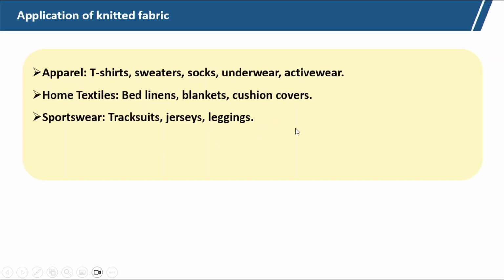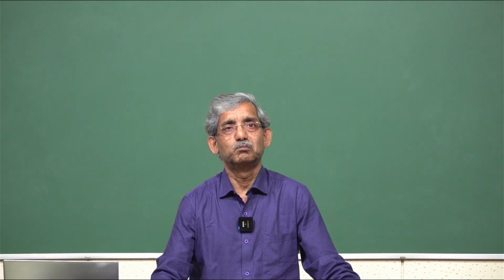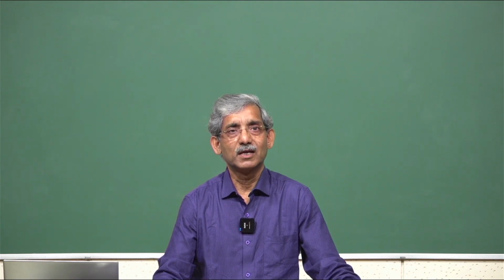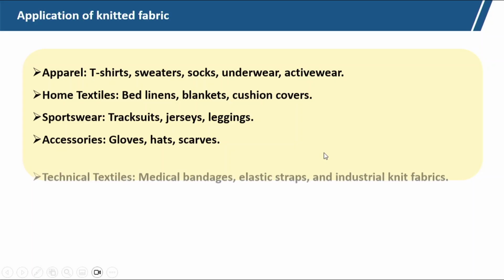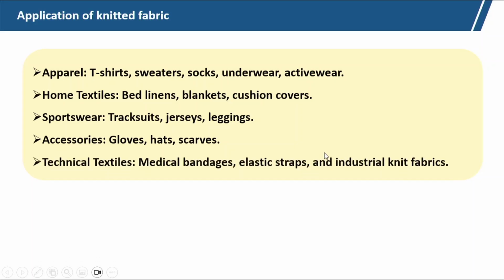So, in active sportswear where body movement is very fast, there we do not use the woven fabric, we always use the knitted fabric. So, gloves, hats, scarves, socks and technical textile, medical bandage, elastic strap or industrial knit fabrics. So, different technical and protective textiles we use knitted fabrics.